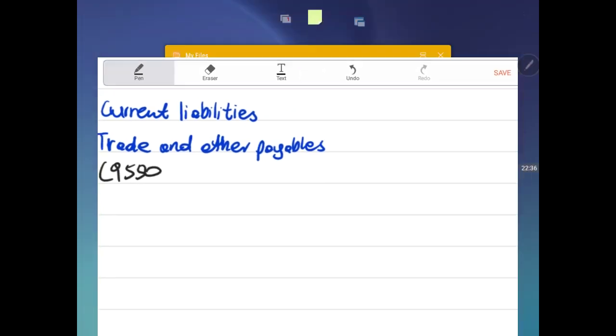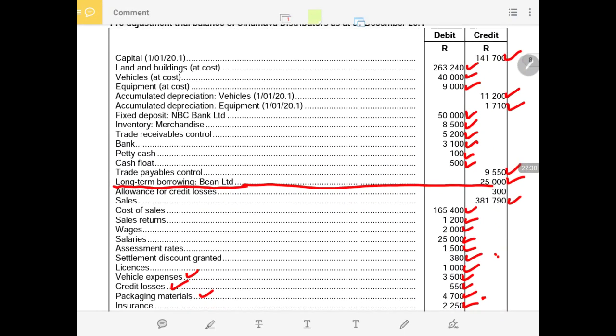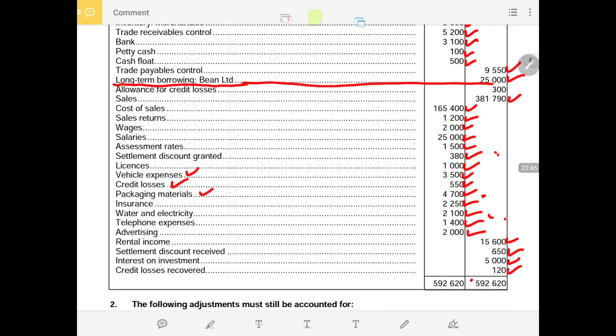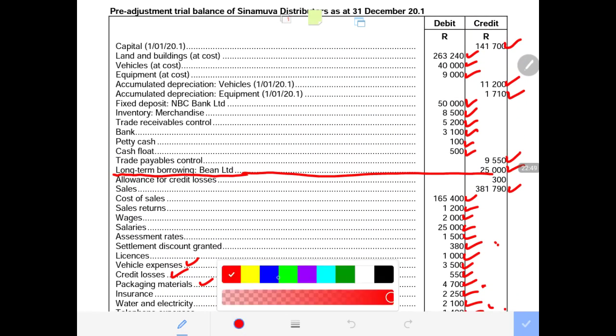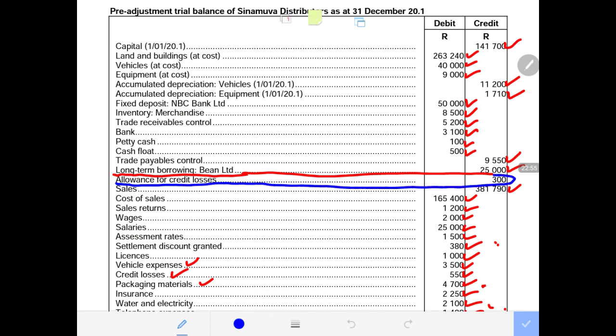So now this is almost the last part. The only amount that is not yet recorded is the provision for credit losses, the allowance for credit losses. That is the amount that we have not recorded after everything has been recorded in our financial statements.